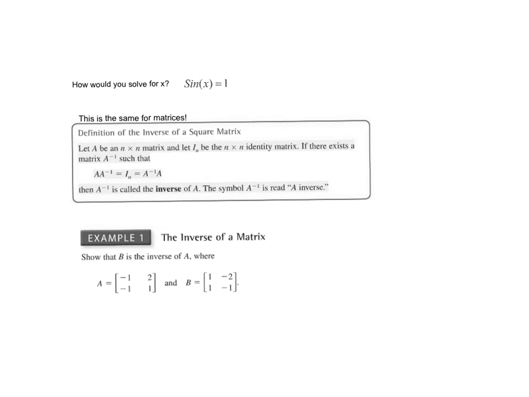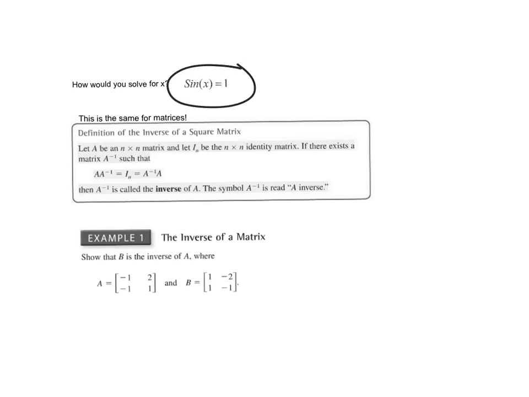All right, guys, let's get into matrix inverses. So what you need to do is figure out whether something is an inverse first. How do you solve for a matrix? By finding the inverse. Same thing, like how do you solve for sine of x equals 1?